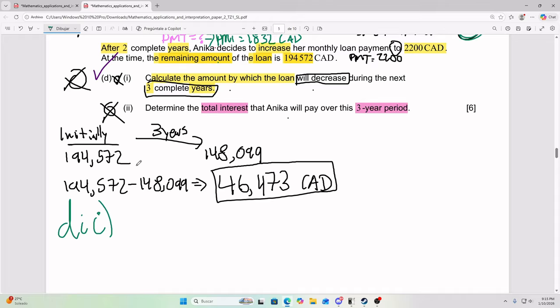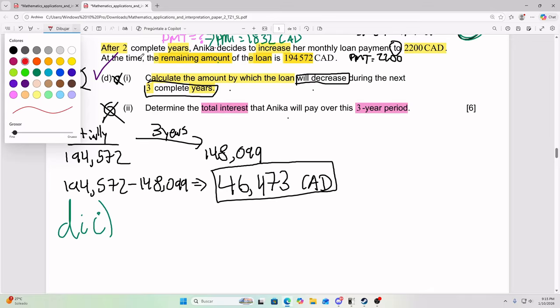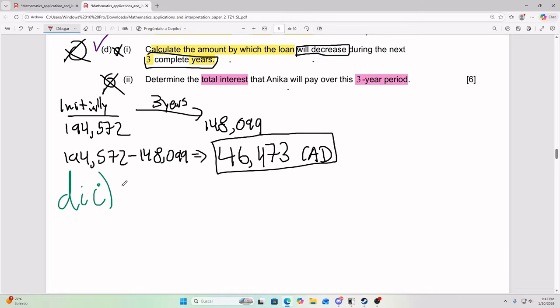So you have to determine the total interest, and you have to think a little bit about the interest formulas you have at hand. Conceptually, when you make out this loan, you have your total payments. I'm going to write payments here. Your payments to the bank are two things.